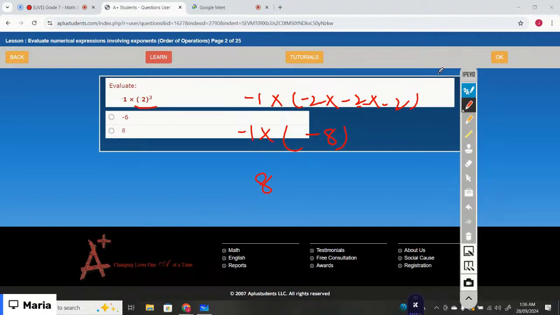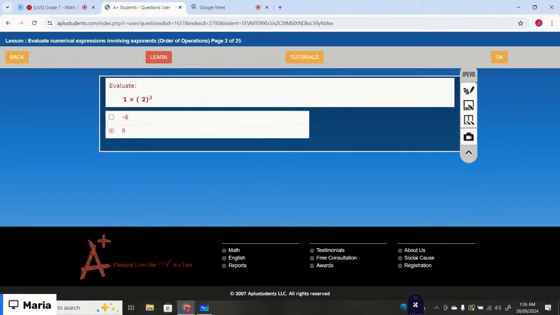The correct option is option number 2, that is 8.